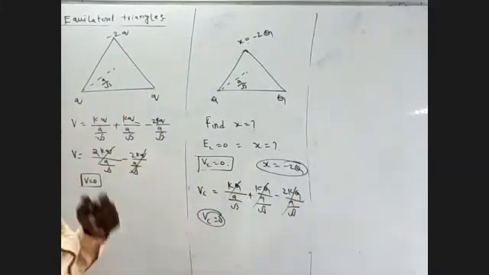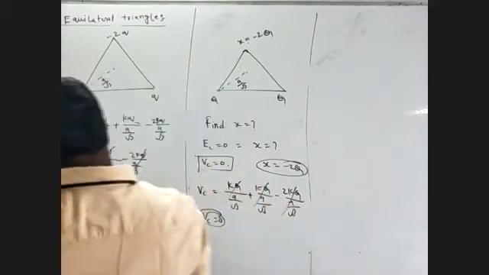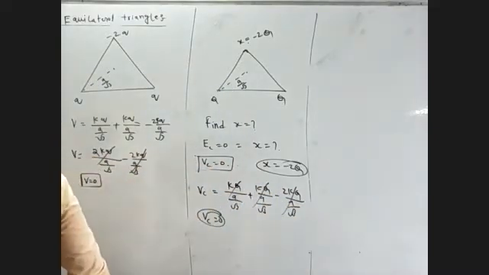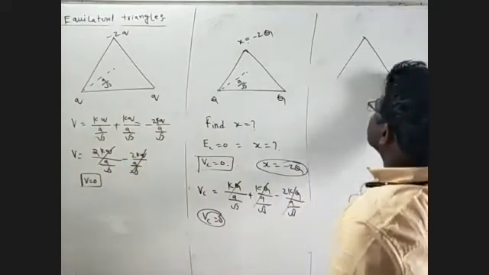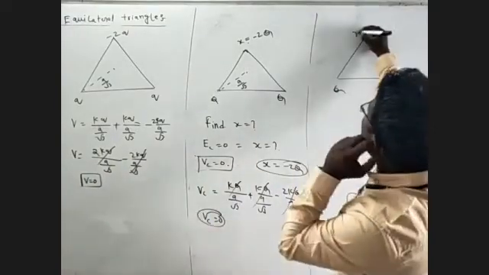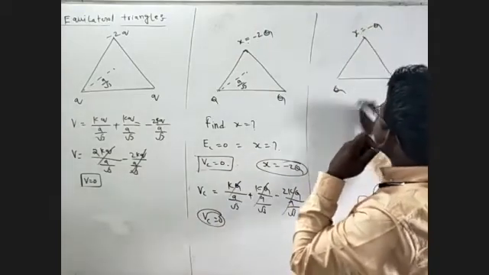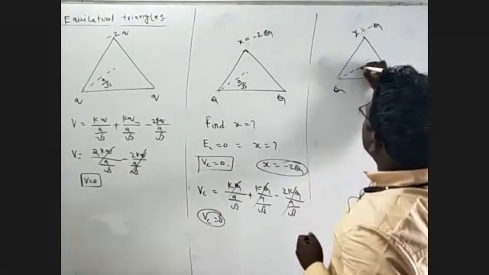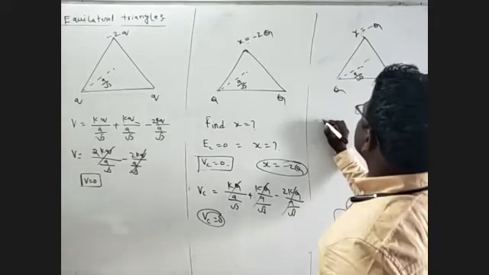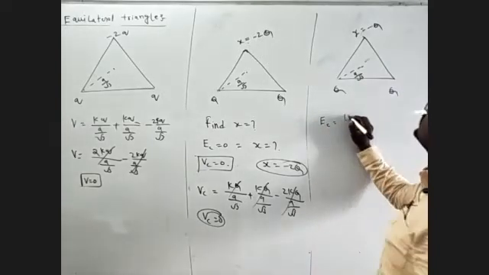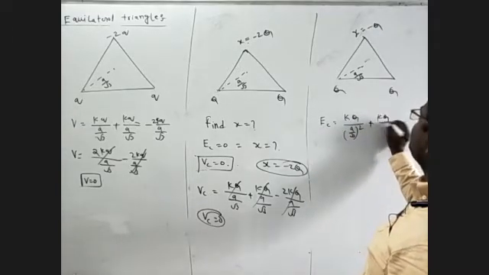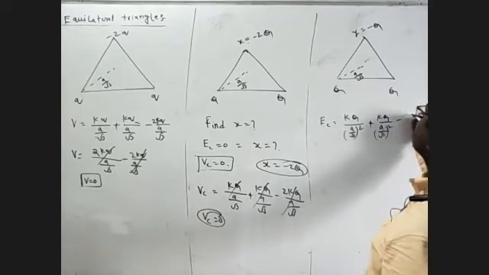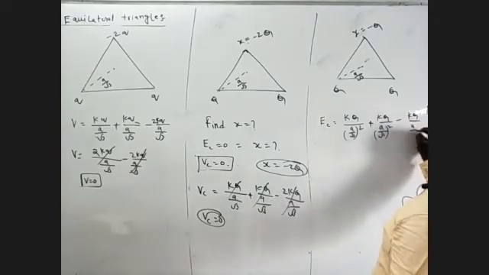Next, EC is equal to 0. I'm checking, this is Q, Q. I'm taking X is equal to minus Q, this is the center point, distance A by root 3. EC at the center is equal to kQ by (A by root 3) whole square, plus kQ by (A by root 3) whole square, minus kQ by (A by root 3) whole square.